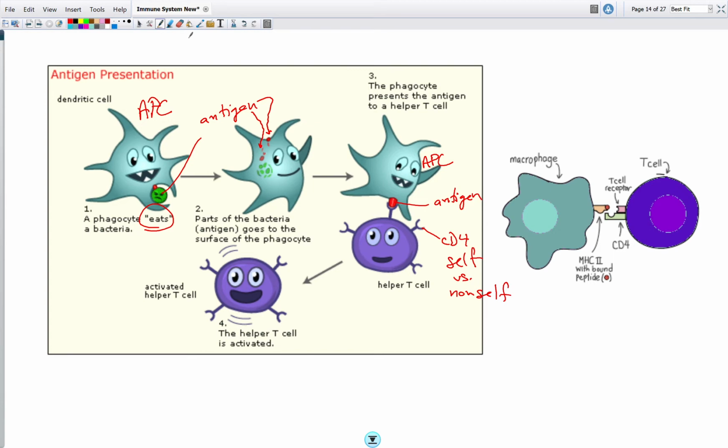Now, if we look more carefully at the picture on the right, here's our T cell in purple, just like over here. Here's our macrophage in teal, just like over here on the left side. And look at the names of these proteins. Here's the CD4 receptor. That's on the T helper cell. It is reading the antigen, which is right there, that little red thing. That's the antigen. That's a piece of the bacteria.